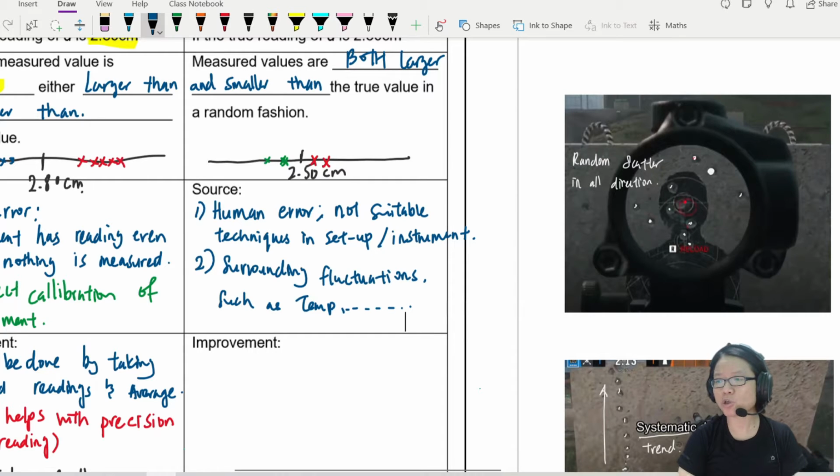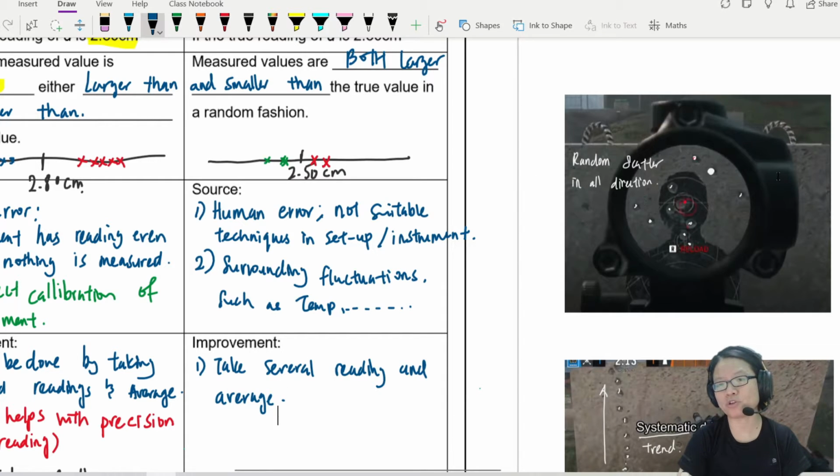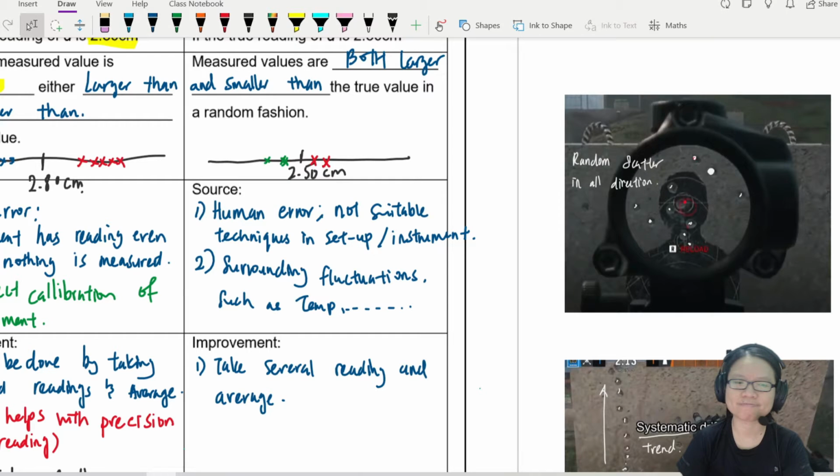Okay, so we can minimize random error by your favorite technique: take several readings and average. Because it's random, taking the average reading always helps. Like this, if I average up all the dots, the location will be closer to the head. So take the average and find the mean value.